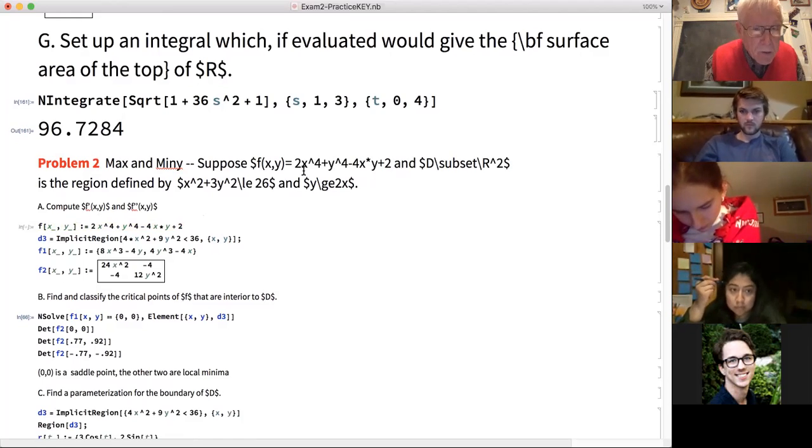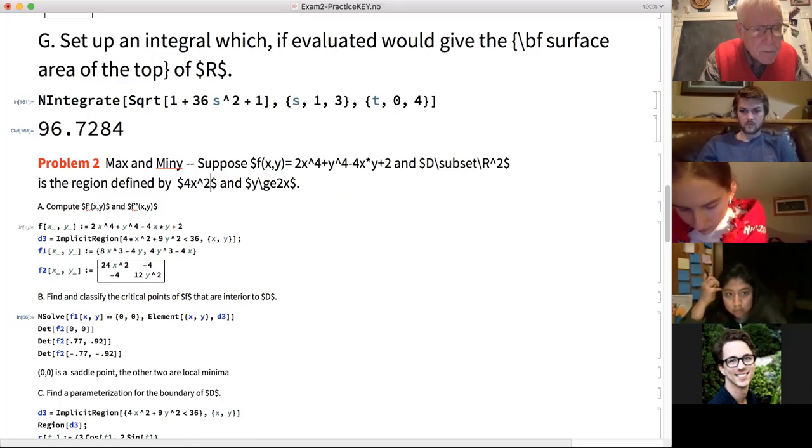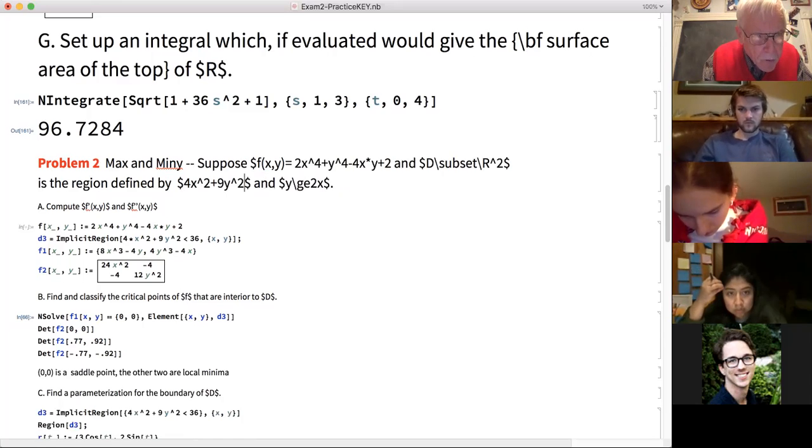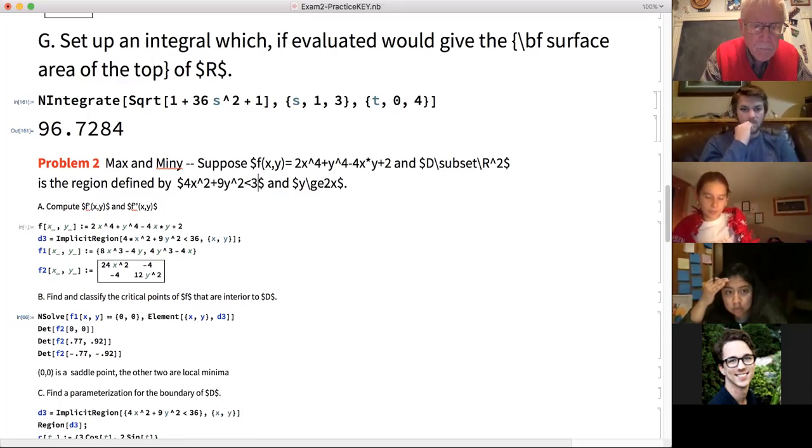And this is not right either. This should be 4x squared plus 9y squared less than or equal to 36. That is right in the code though. Okay.